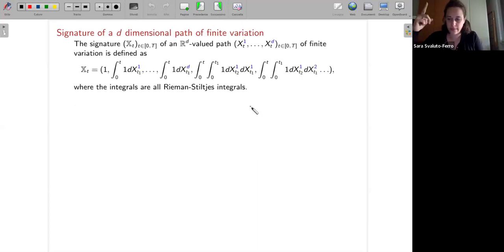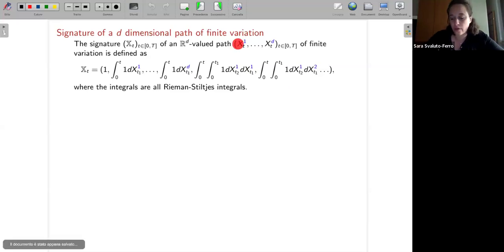Now we move to d dimensions. Also in this case, we consider a very nice path with all the properties that you can imagine: very smooth, no problem of any sort. What is the signature? Same thing. A collection of iterated integrals: single, double, triple, and so on, of every component with respect to every component.